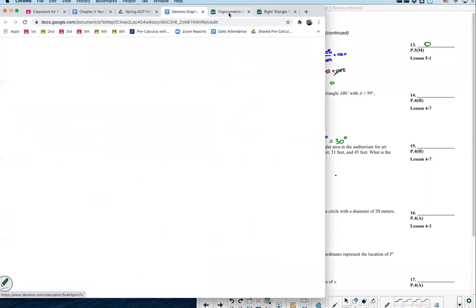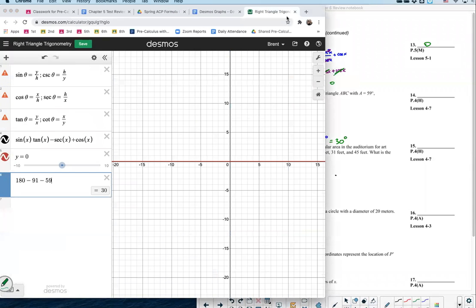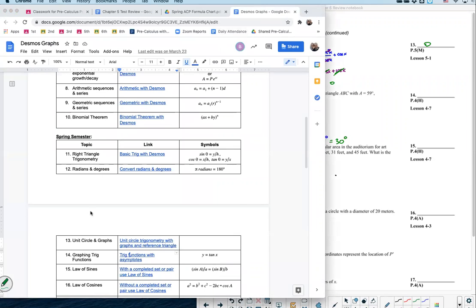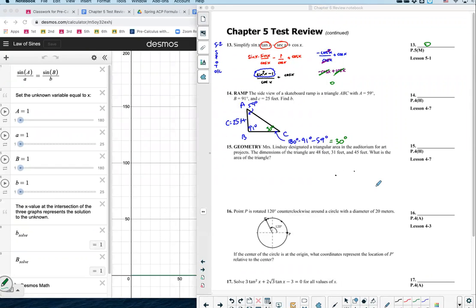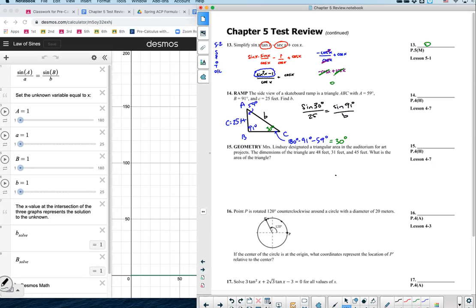And so let me go to Desmos here. Let me close off some of these other Desmos. I have so many open. Let's go to law of sines. And here's your formula. So we're trying to find lowercase b, which is this side right there. That's what I'm trying to find. And so I can say that sine of my completed set, which is 30 degrees over 25 feet, will equal sine of 91 over my b value.